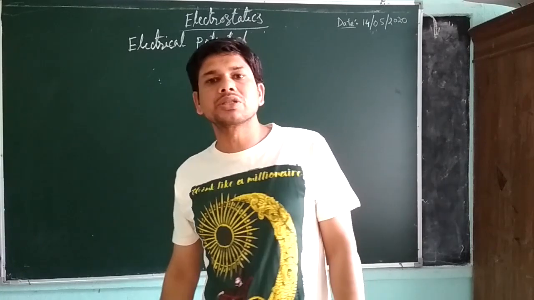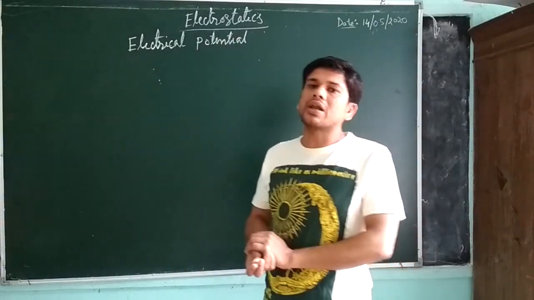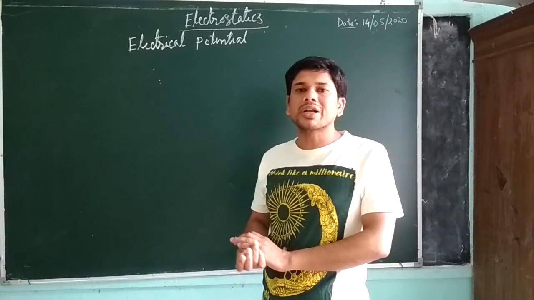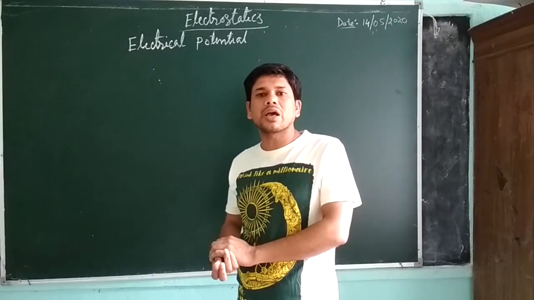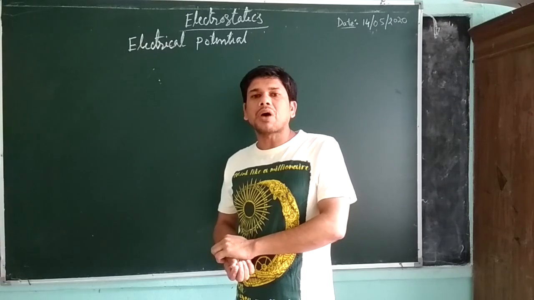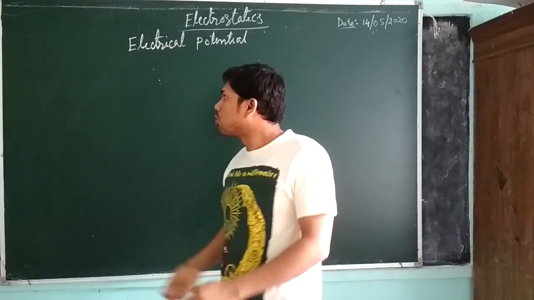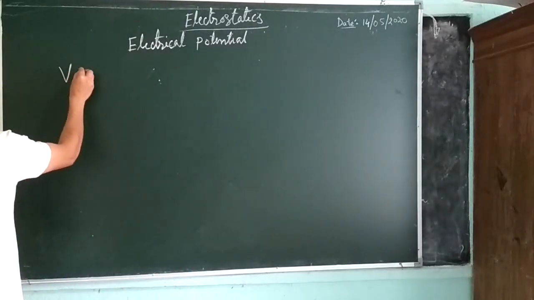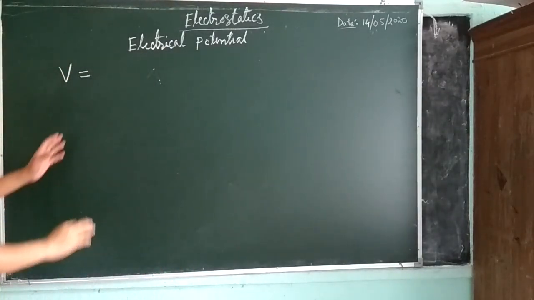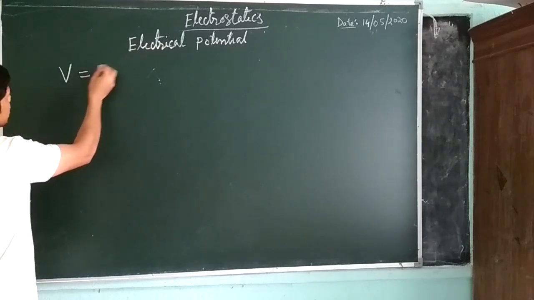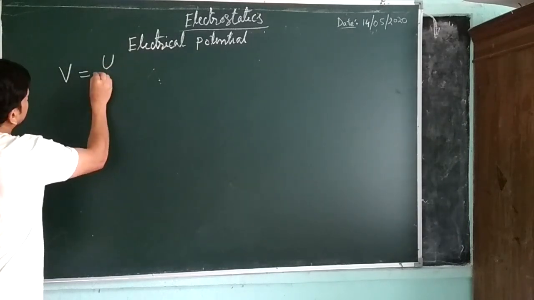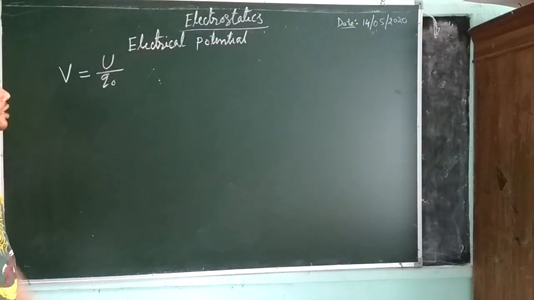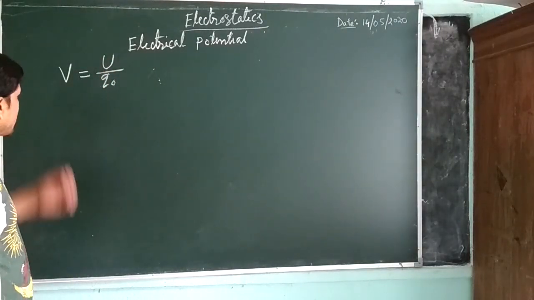Electrical potential is defined as the potential energy per unit test charge. Potential is generally denoted by V. So we can write the formula V equals U by Q naught, where U is the potential energy and Q naught is the test charge.